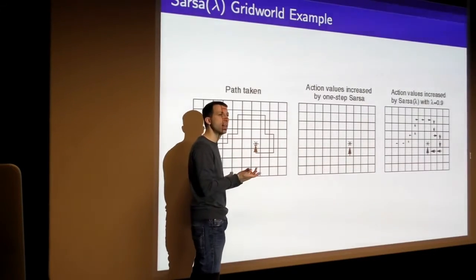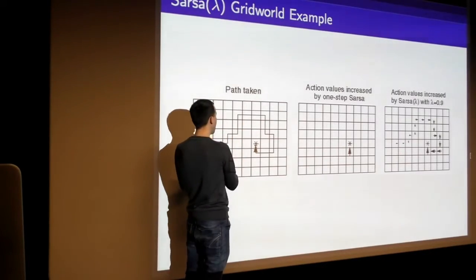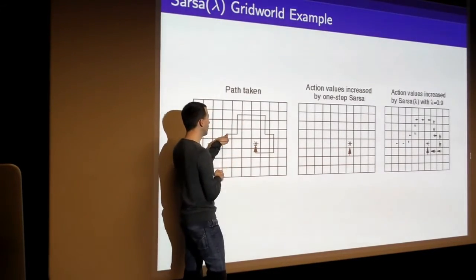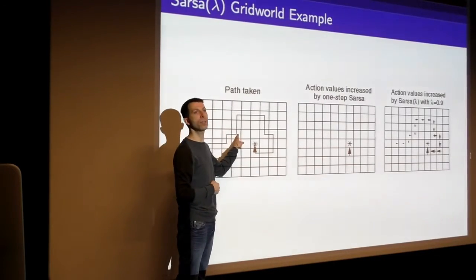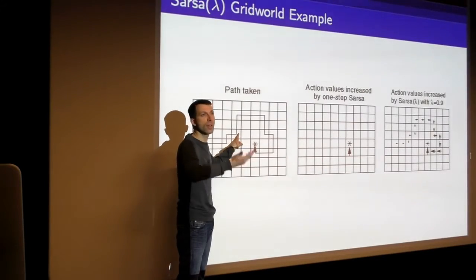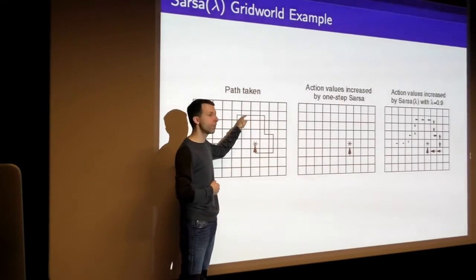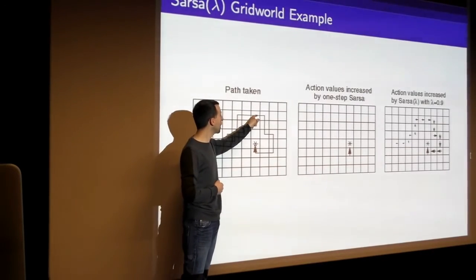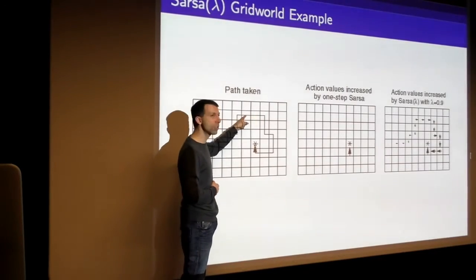But in Sarsa, if we look at the updates made at every step, at every other step apart from the final one, like here, we thought the value was 0. After this step, we also thought the value was 0, because we initialized all our Q values to 0. So nothing changes here. Over here, we thought the value of going right was 0. We ended up in a state where if you go right, you get a value of 0. So again, nothing changed here.